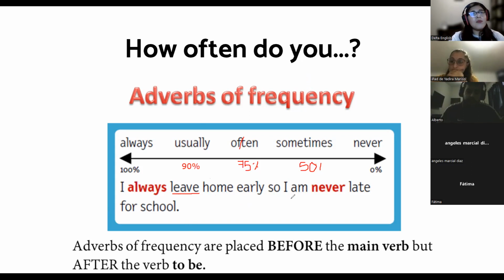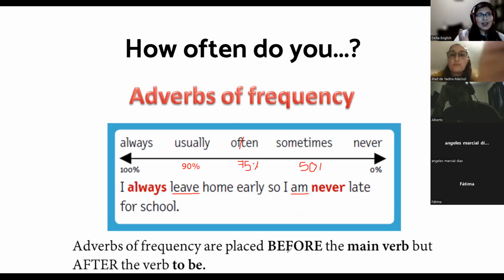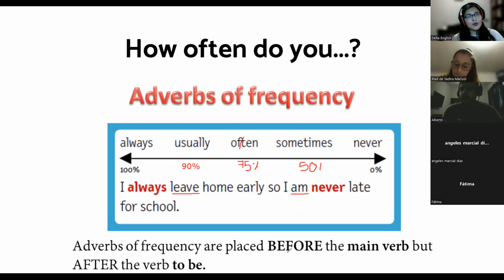Pero tengo mi excepción en el verbo be. I am never late for school. Aquí está mi verbo, antes del adverbio de frecuencia. Para todos los verbos, excepto el verbo be, mi adverbio siempre va antes. Nada más para el verbo be va a ir después.